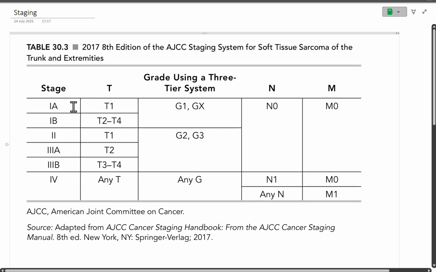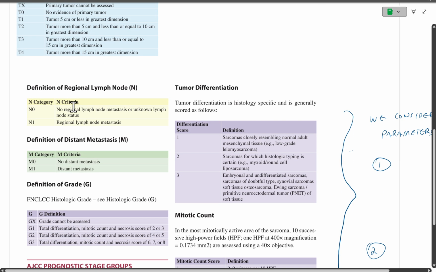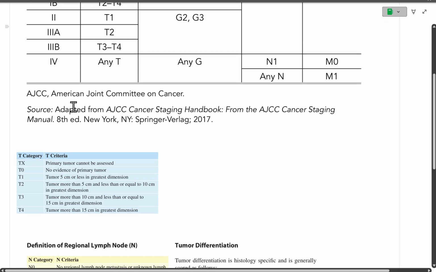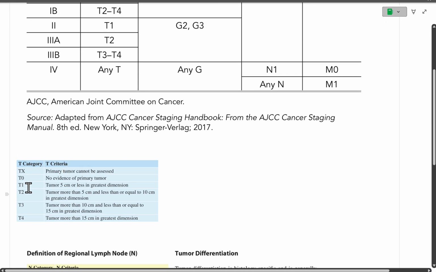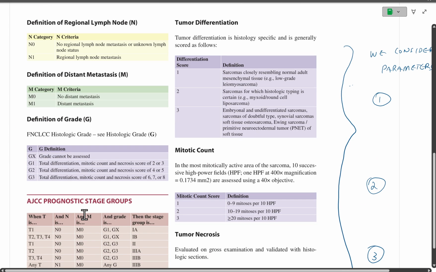Here, there's a three-tier grading system. So if you have to remember staging, T1 is less than 5, T2 is 5 to 10, T3 is more than 10, 10 to 15, more than 15 is T4. Look at the differentiation score 1, 2, 3.